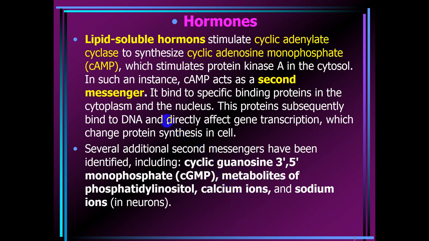If we talk about the lipid-soluble hormones, we can say that formation of complex cell surface receptor plus hormone stimulates the production of adenylate cyclase to synthesize cyclic adenosine monophosphate.